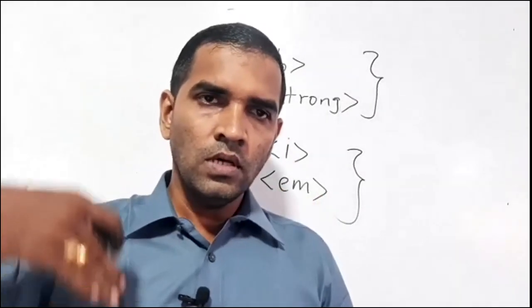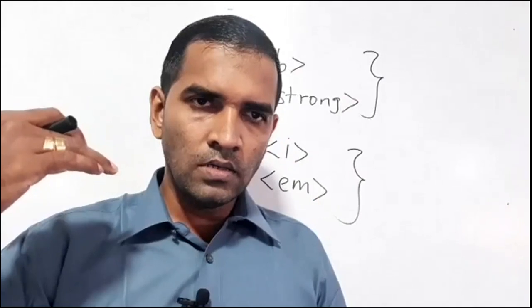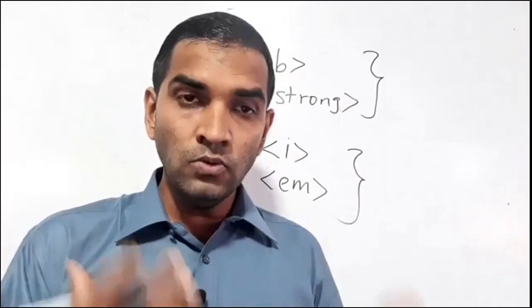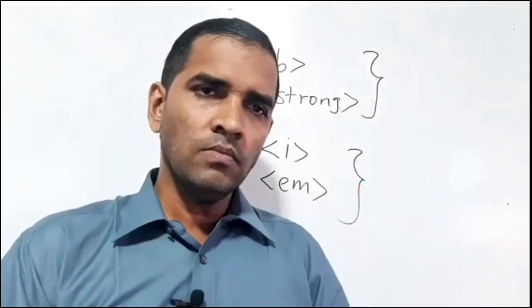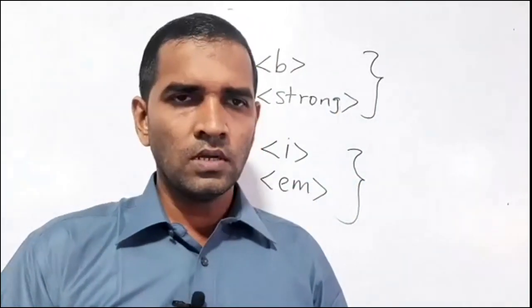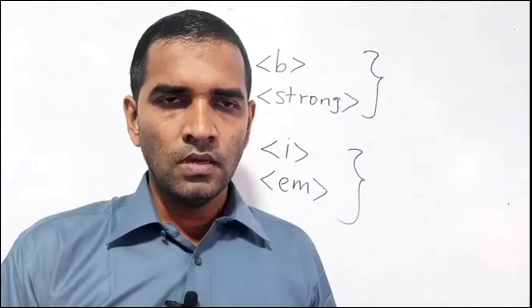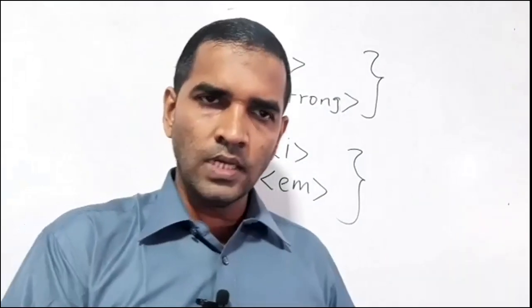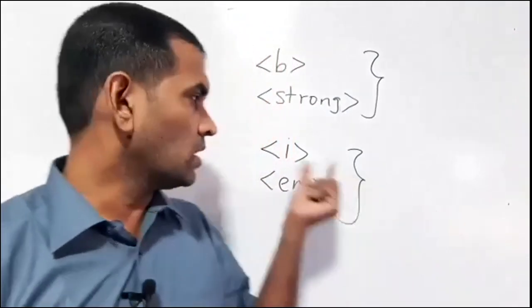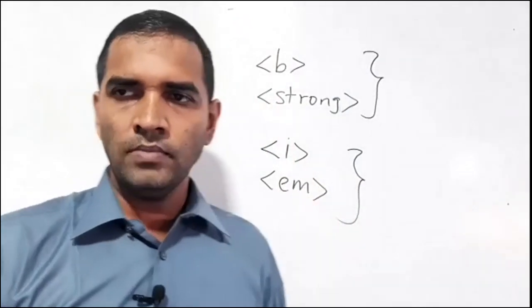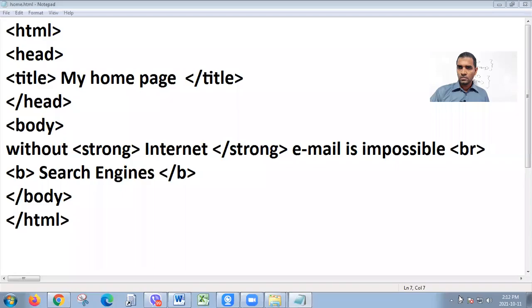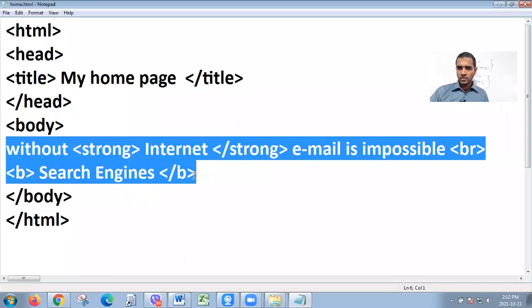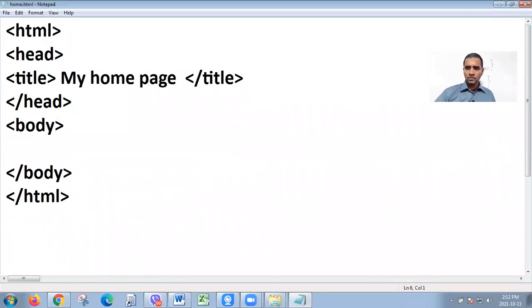So here also, from the users' or viewers' point of view, both will display the same thing. Users cannot differentiate, but as a person who writes the coding, you can choose the right one. For example, I can write two sentences.